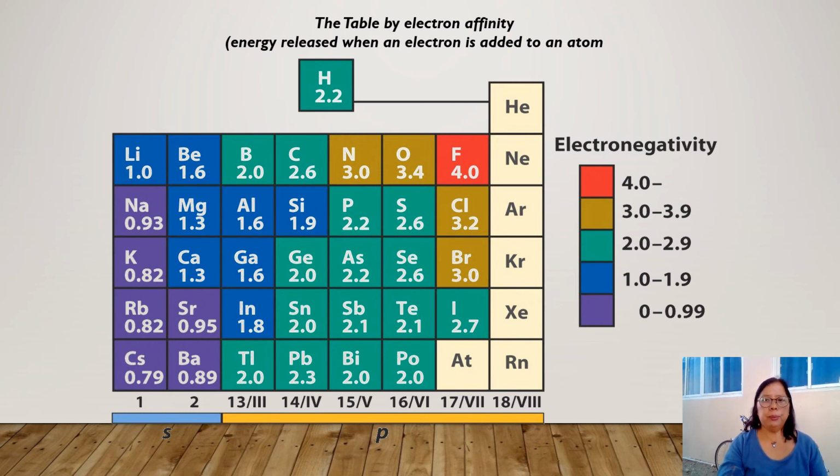As you go from the lowest group number to the highest group number, the electronegativity increases. This could be seen in group 1, group 2, but there are some instances where the electronegativity is abnormally distributed in the higher groups.